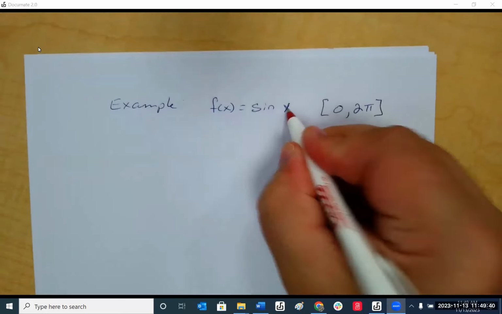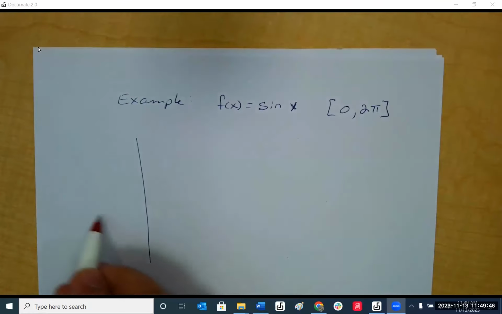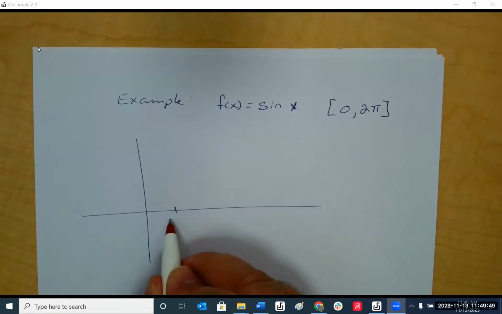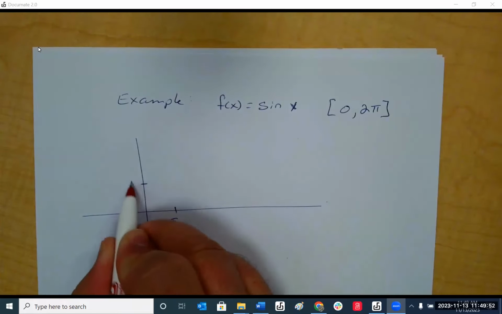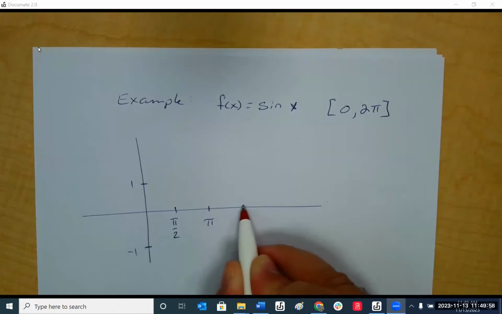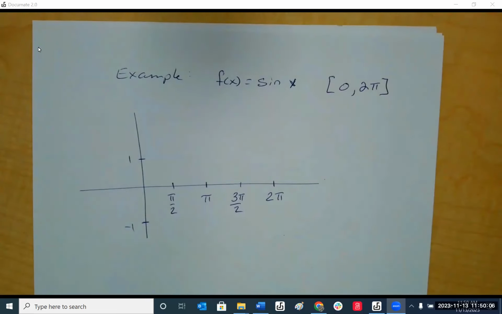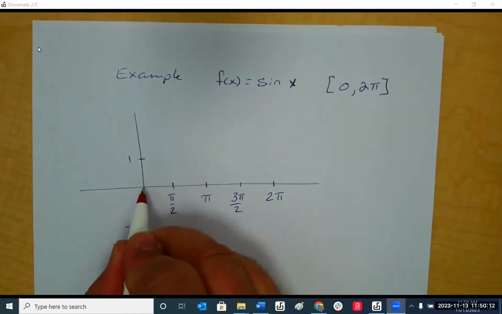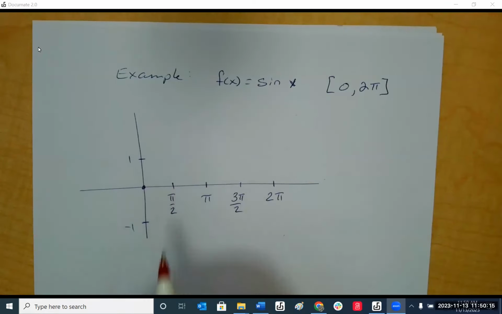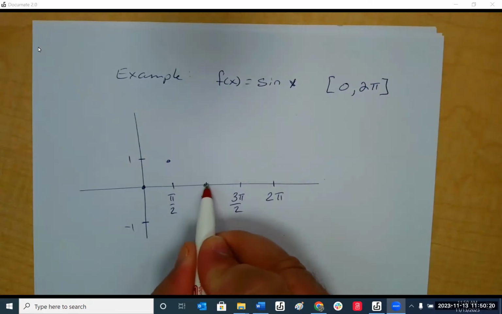This is kind of a trick question. Let's draw the graph first. At 0, what is sine? 0. At pi over 2? At pi? 0.